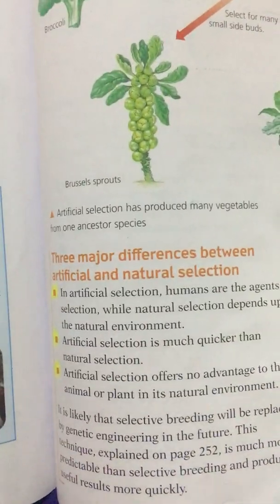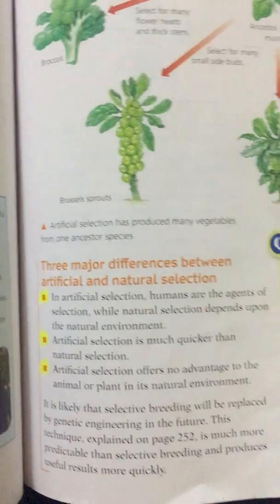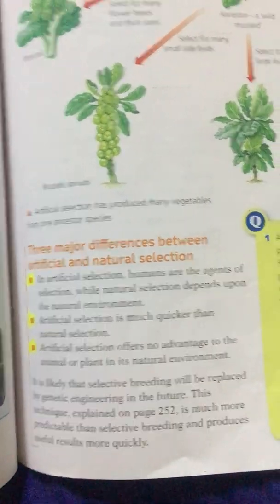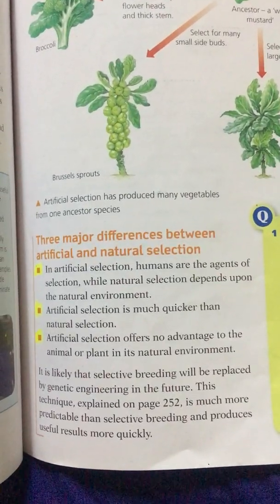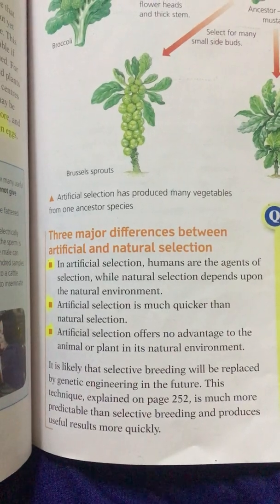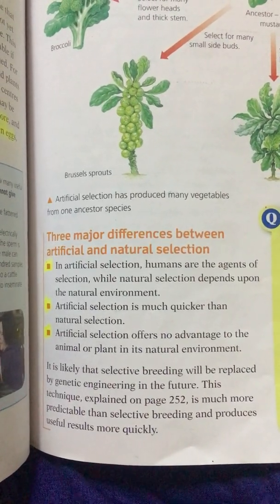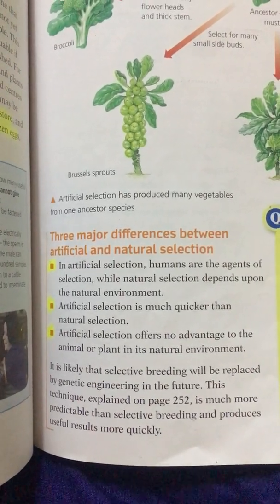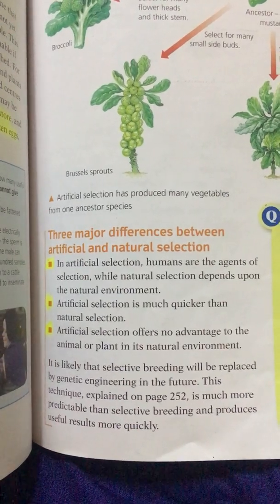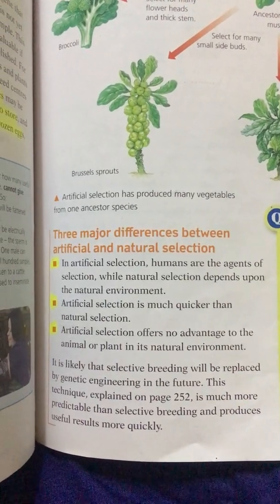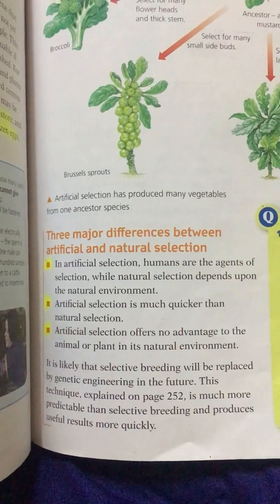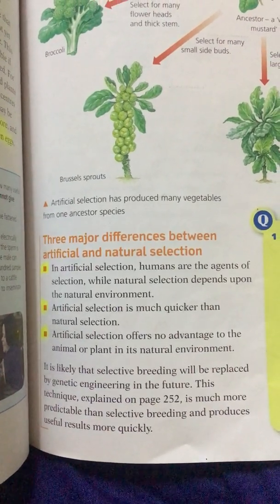Now, the last thing in this lesson, we have to differentiate between artificial and natural selection. Here we have three major differences. The first thing is that in artificial selection, humans are the agents of selection, while natural selection depends upon the natural environment.